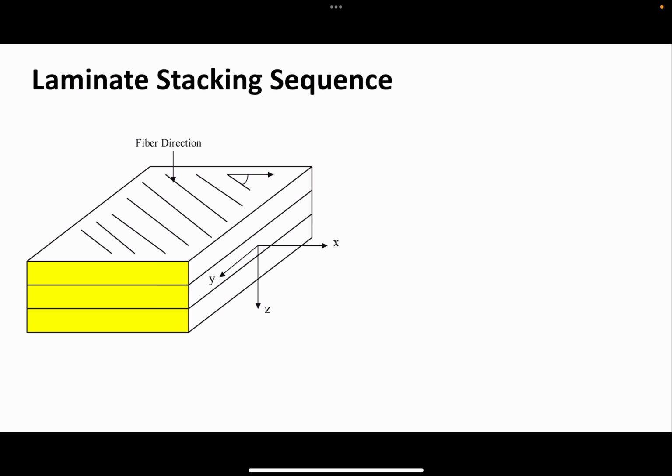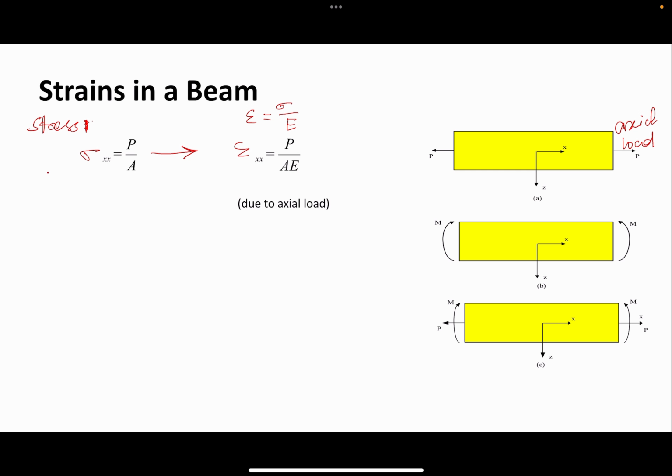Stress, or sigma xx, equals P over A, force over area, which means you can get strain. Strain equals stress by Young's modulus, Hooke's law. So epsilon xx equals P over AE. This is due to the axial load.